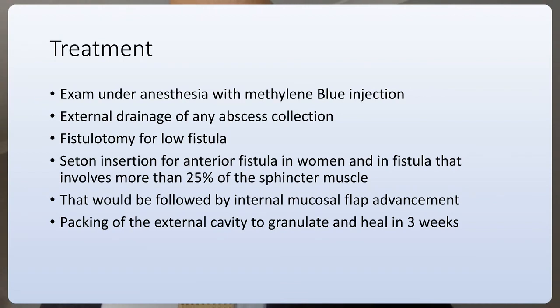Every now and then the fistula can be transsphincteric or suprasphincteric, where it involves a significant part of the external sphincter. In this situation, it's a judgment call. If the surgeon has a young patient, particularly male, with the fistula in the posterior half of the anal canal, even if it involves up to 25% of the sphincter muscle, that can be sacrificed and divided.